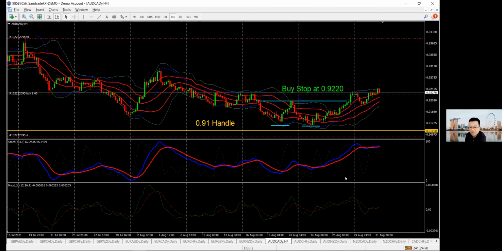Hey, Gim Hong, before you hand it back to Scott, we've got some questions about your New Zealand Swiss franc trade idea. Do you want to give an update on that as well, please? Okay. Yes, I just looked at the New Zealand francs. Let me just look for the chart. New Zealand francs.